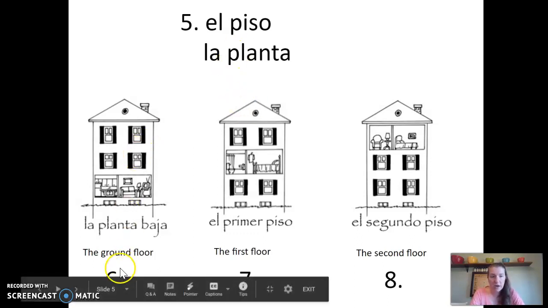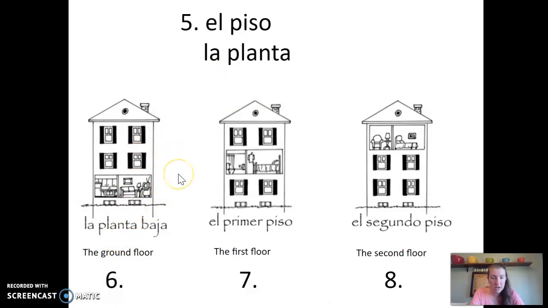And so here you have different words for 6, 7, and 8. So you have, for number 6 on your list, la planta baja, which is the ground floor. And so the way you want to look at this kind of graphic here, the floor that's open and you can see inside, like right here, that's the floor that we're talking about.